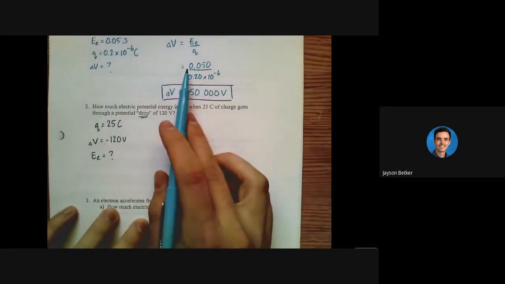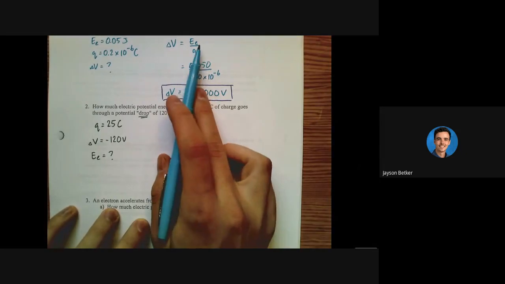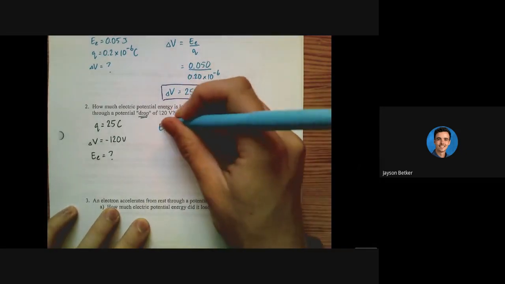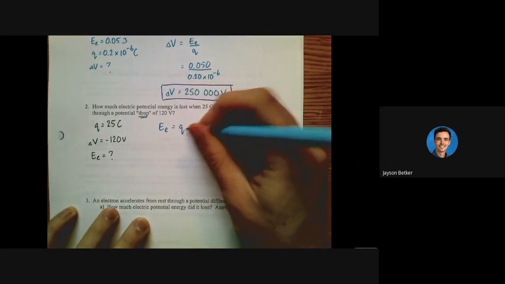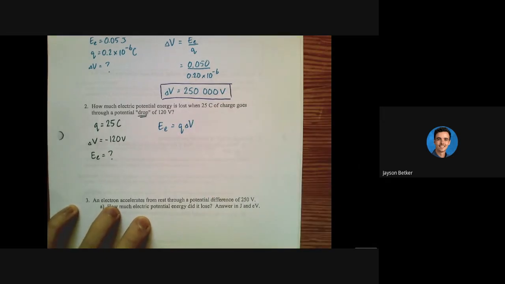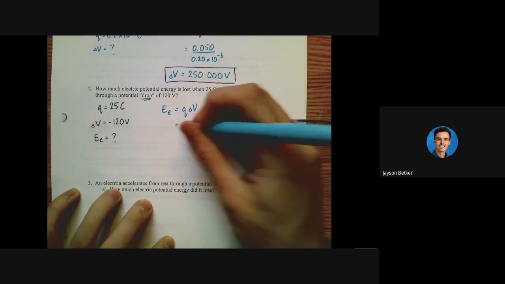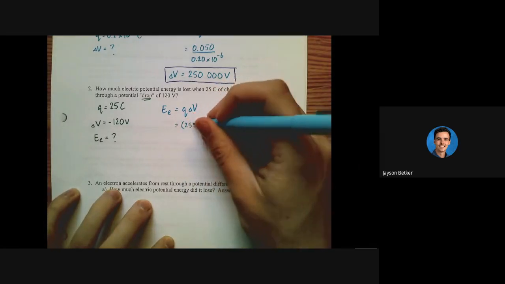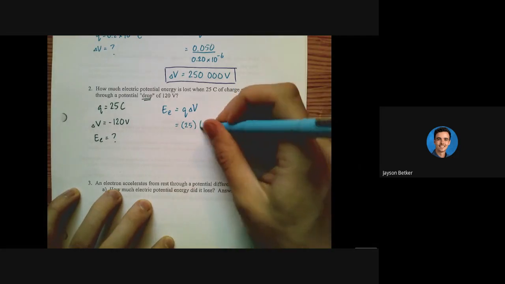So the formula, same as above, just rearranged. Now we're trying to find E, right? So E is equal to Q times delta V. I just moved that Q over to the other side. So 25, and negative 120.